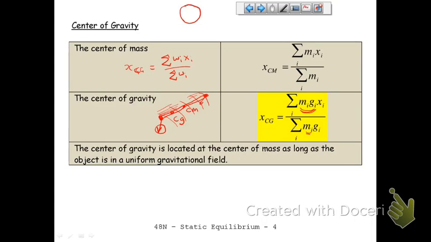Because you have the Earth and the Moon, you get a stronger gravitational pull on the bit of the Moon facing us, and a weaker gravitational pull on the bit on the other side. You tend to get a situation where the center of mass and the center of gravity don't quite line up.